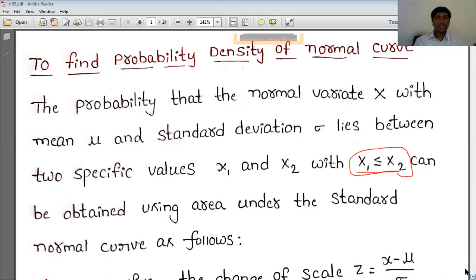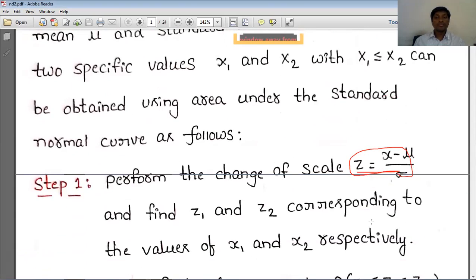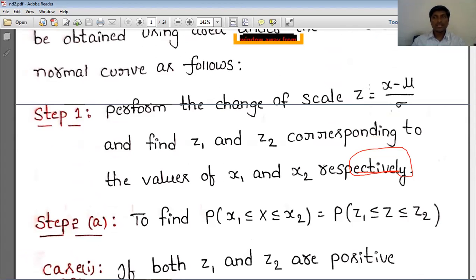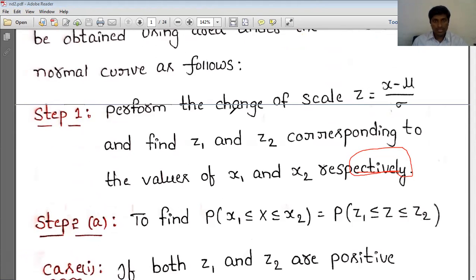First, perform the change of scale. We write z is equal to x minus mu by sigma, which is called the standard normal change of scale. By taking the values of x1 and x2, we calculate z1 and z2.